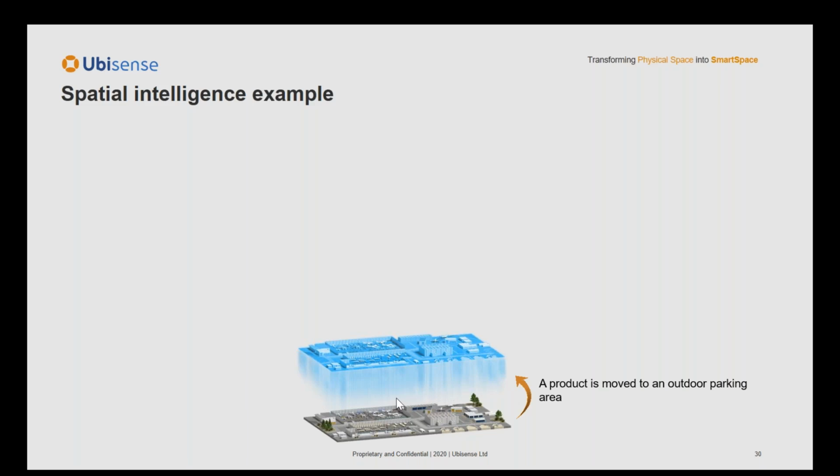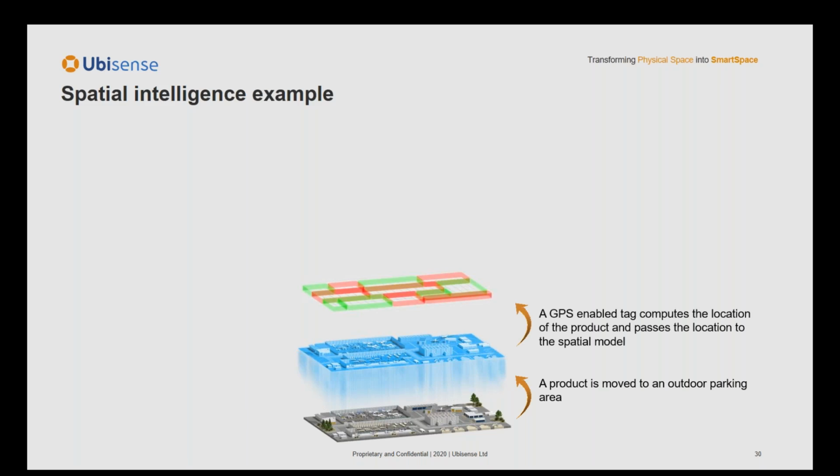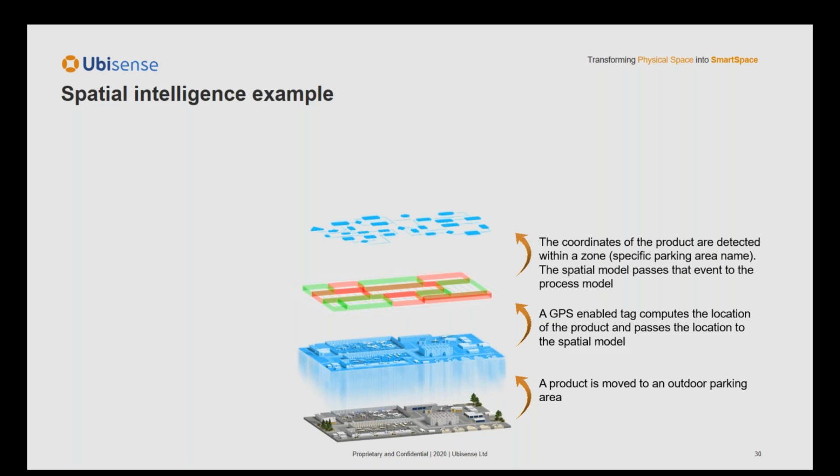This is passed onto the digital process layer. There was a GPS-enabled tag that computes the location of the product, and it passes that location to the spatial model. With those 3D volumes, those 3D zones, the coordinates of the product are detected in those spatial zones inside the specific parking area. So that was the shipping area.